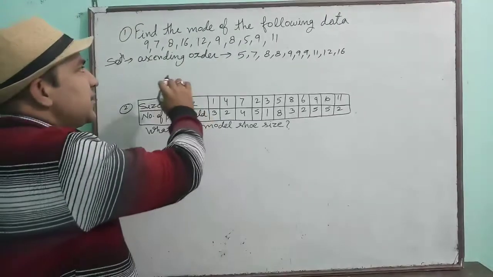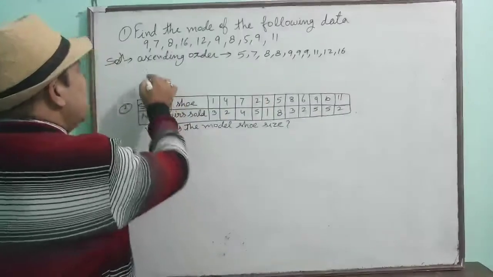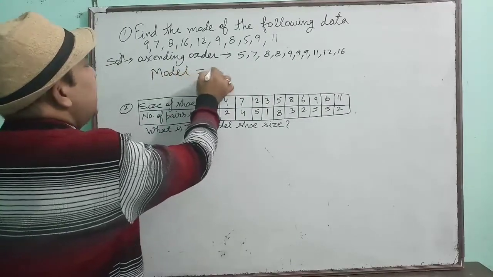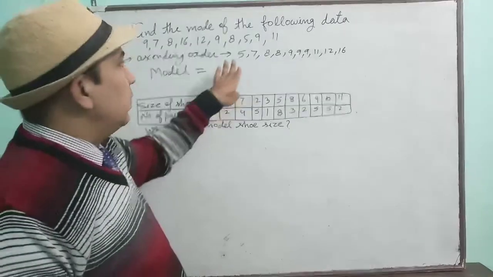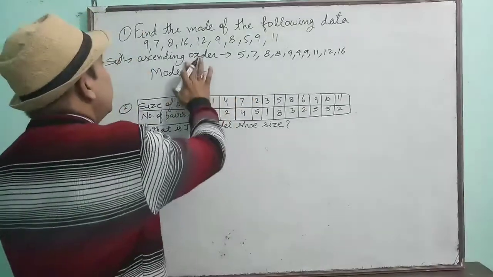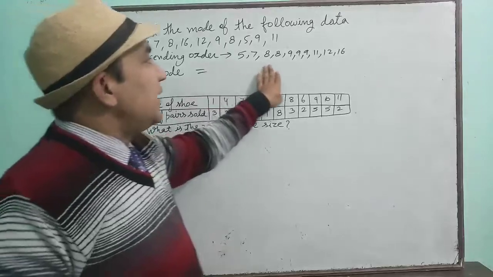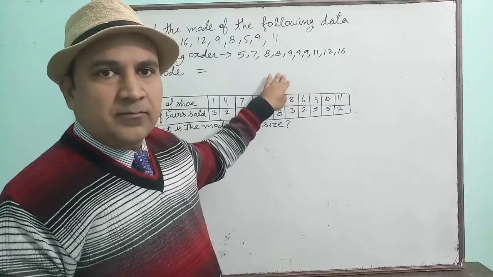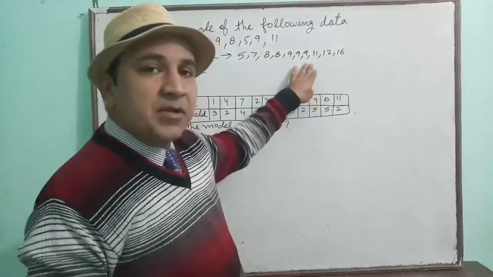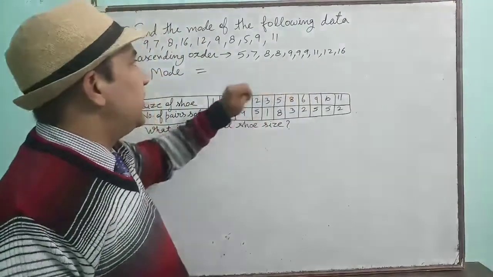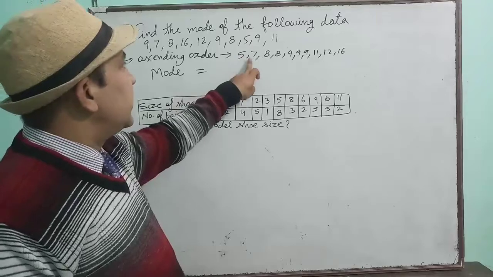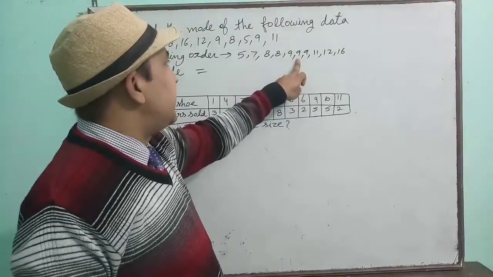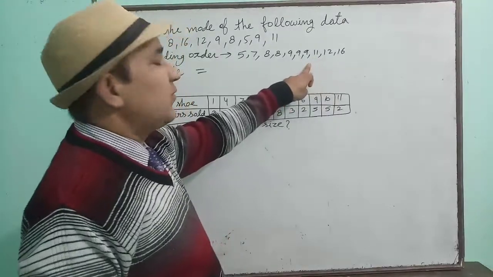When you arrange the numbers in ascending order, the mode of this data is that number which has the maximum frequency. That means the number which is coming the maximum times will be the mode. 5 is 1 time, 7 is 1 time, 8 is 2 times, 9 is 3 times, 11, 12 and 16 are 1 time each.